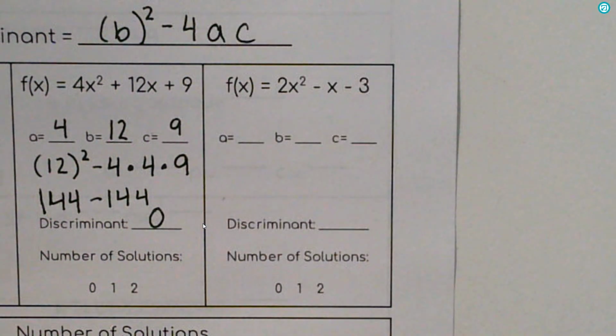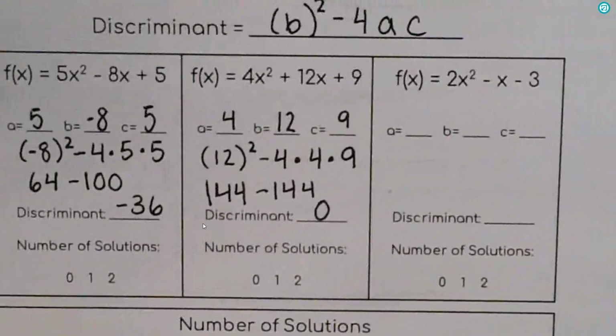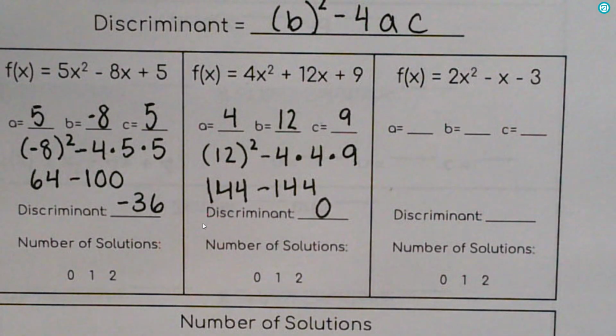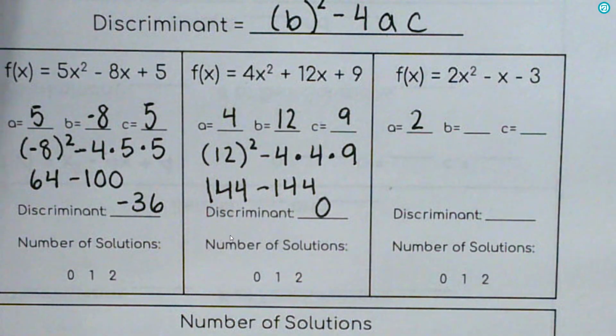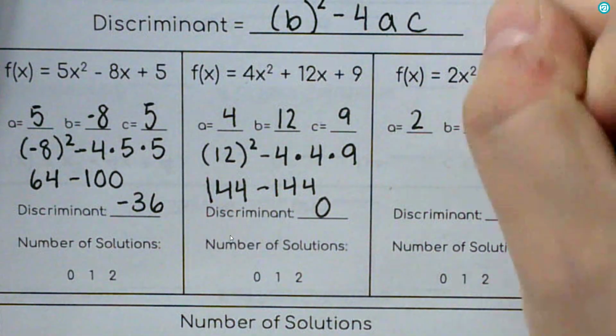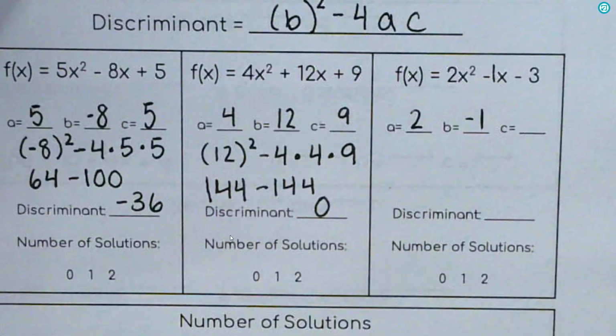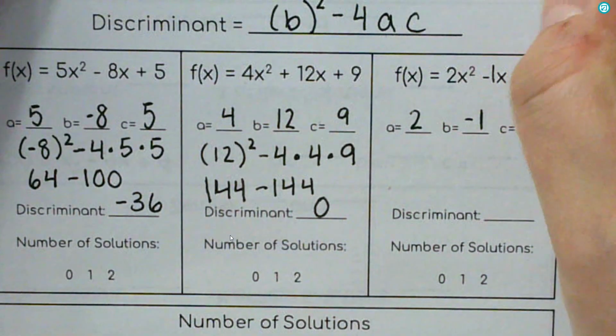Hey, last one I've got of just the discriminant, and then we're going to talk about how many solutions different discriminants give us. Last one I've got, a is 2. What is my b value on this one? Negative 1. So I've got negative x there, an imaginary negative 1. So negative 1 is my b value, and my c value is negative 3.